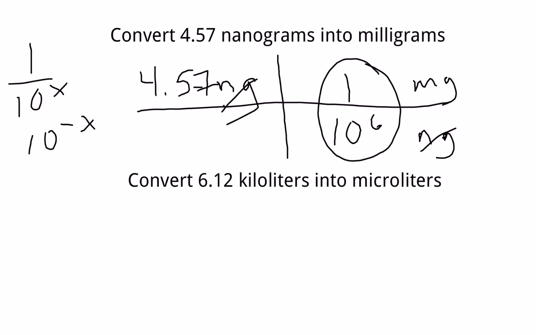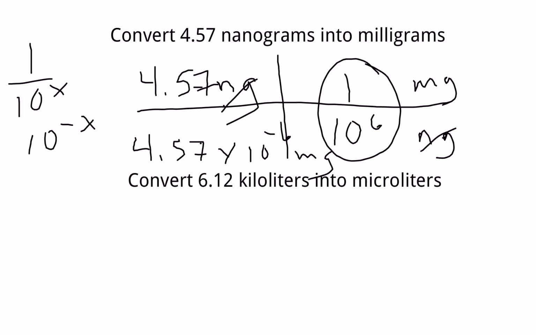So if I were to answer this, the answer I would provide is 4.57 times 10 to the negative 6 milligrams. Sorry about that, let me fix that. All right.